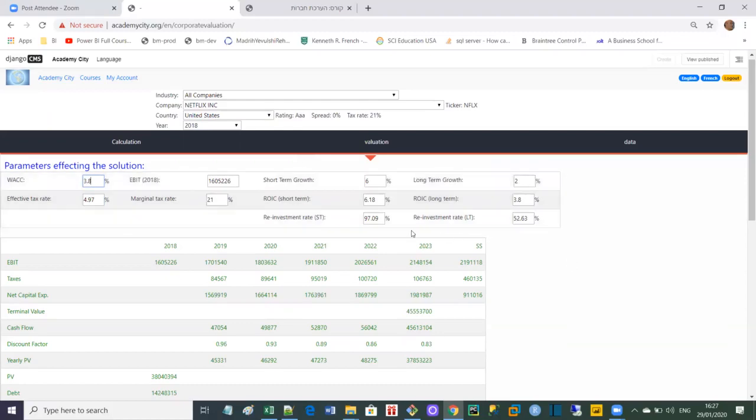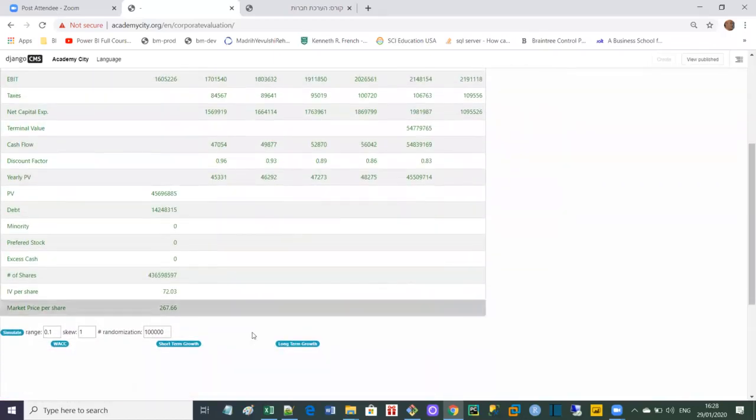And then we will say that the effective tax rate was less than 5%. The marginal tax rate in the United States is 21%. So maybe we will push it down to be like 5% even in the future. How much does that affect the final results? And then we'll see that it's getting to about 72%.